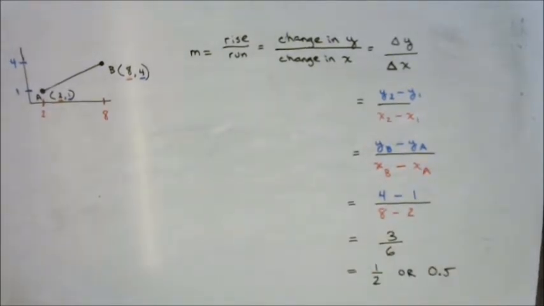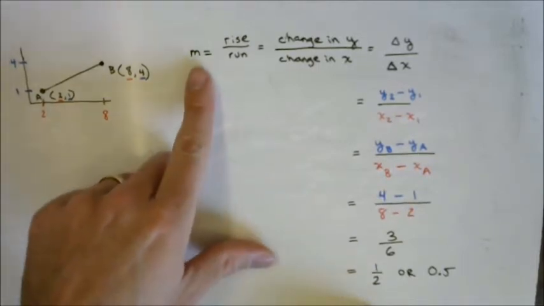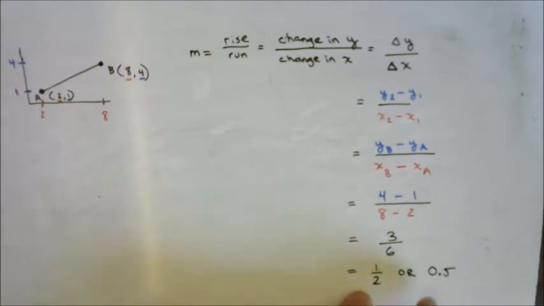So now the slope is what we started with. The slope from A to B is positive 0.5 or positive 1/2.